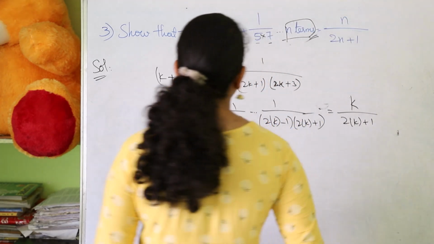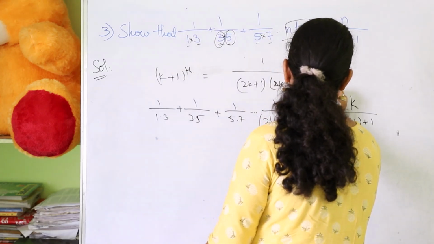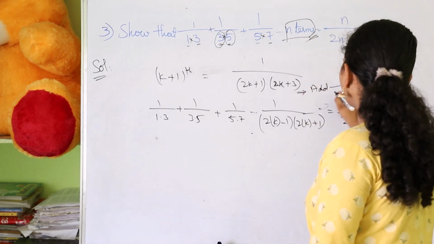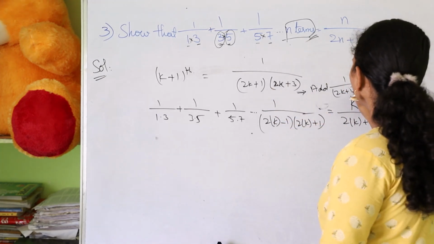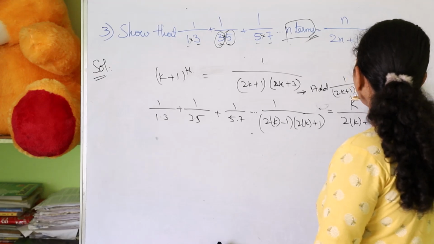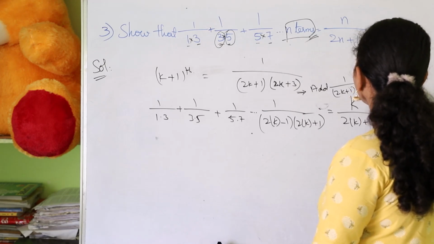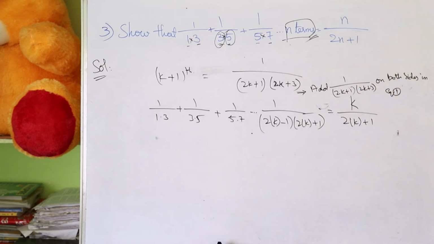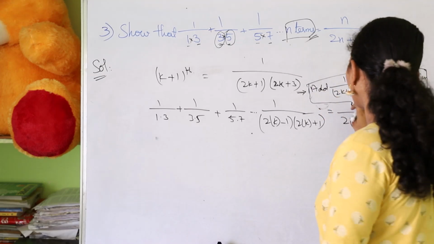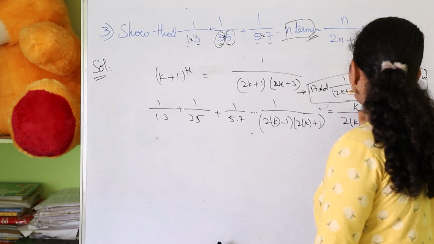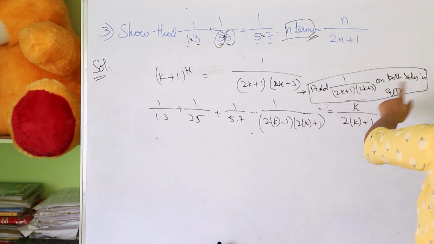Now what you do here is add 1 by 2k plus 1 into 2k plus 3 on both sides in equation 1.